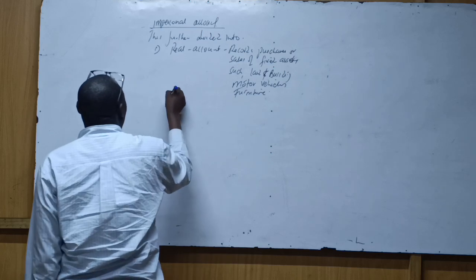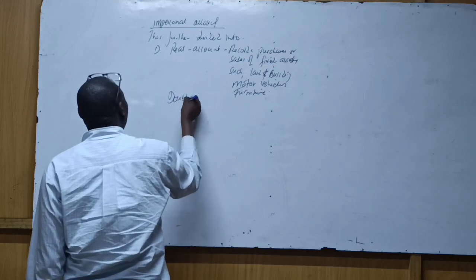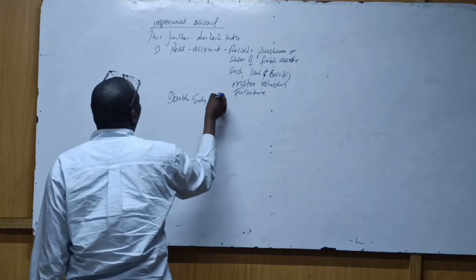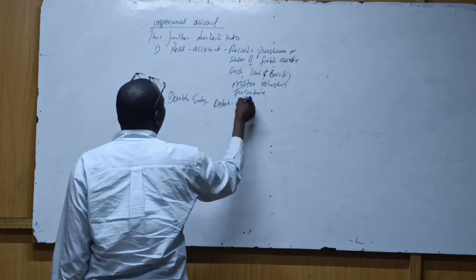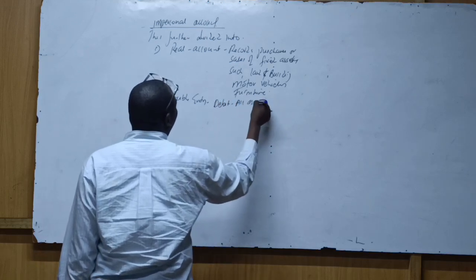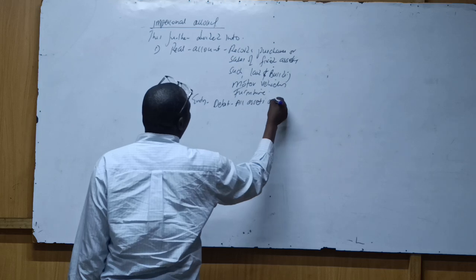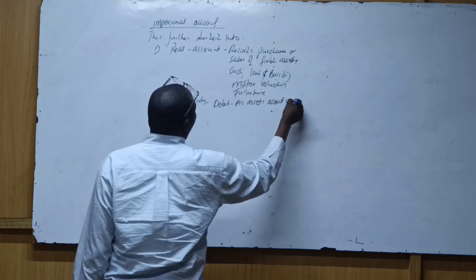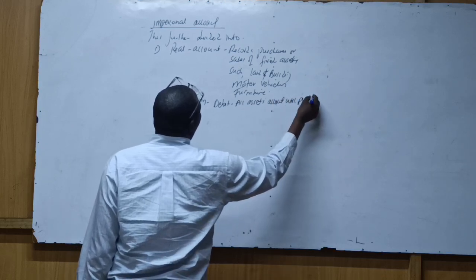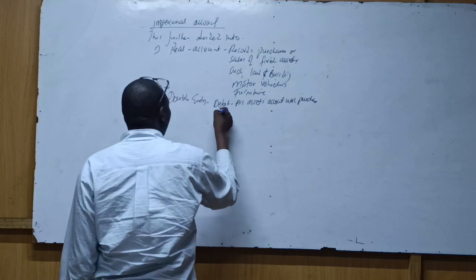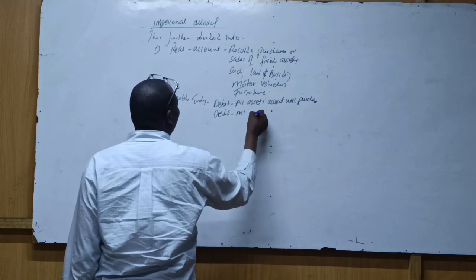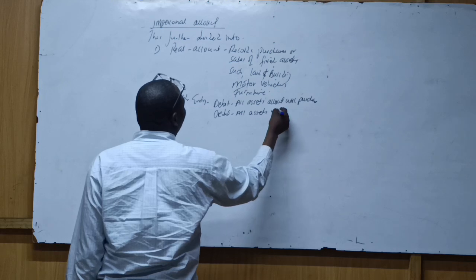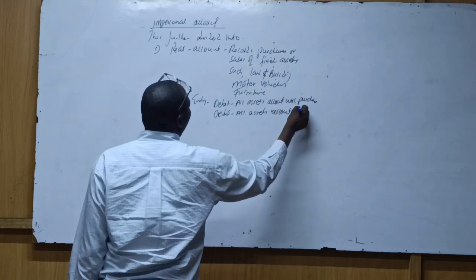So the double entry rule: debit all asset accounts with purchase and credit all asset accounts with sales.